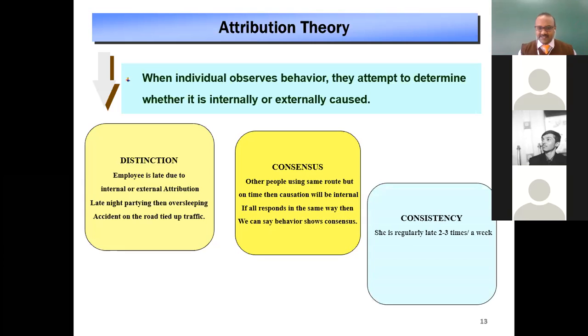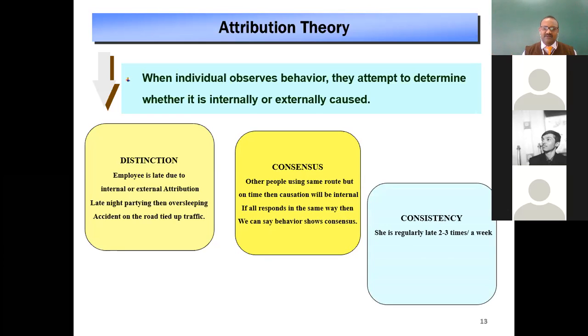Now consistency is she's regularly late, two to three times. Which means a certain kind of image that people tend to have about you in the organization, saying that you're a perpetual latecomer, always late. So irrespective of whether you give a right reason or a wrong reason, if you have built an image, if people brand you or know you for this, it's consistent.